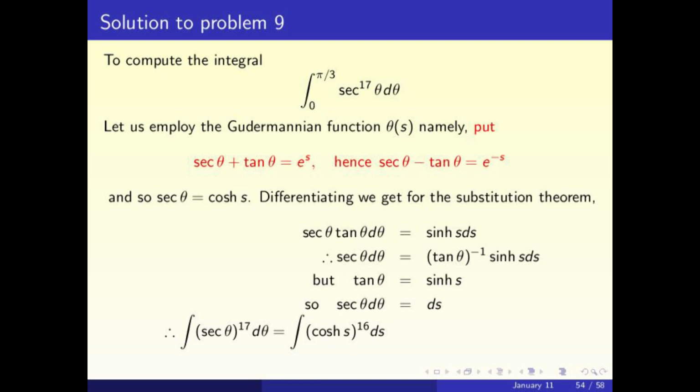So your integral of secant to the power 17 theta d theta will become the integral of secant to the power 16, which is hyperbolic cos s to the power 16 times ds.